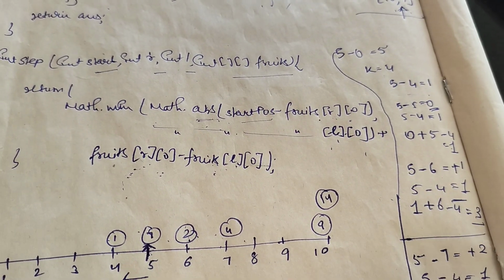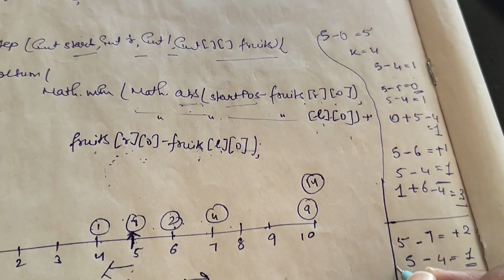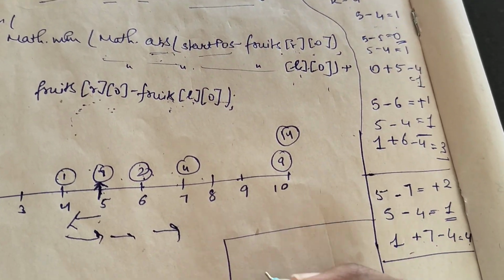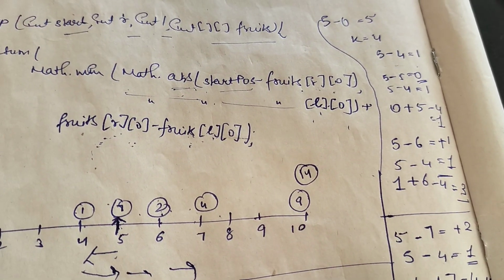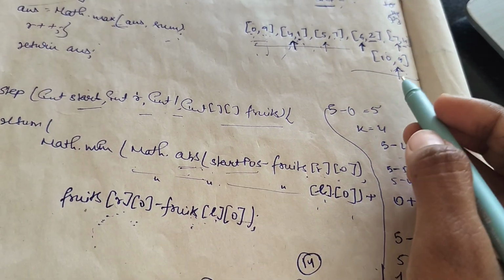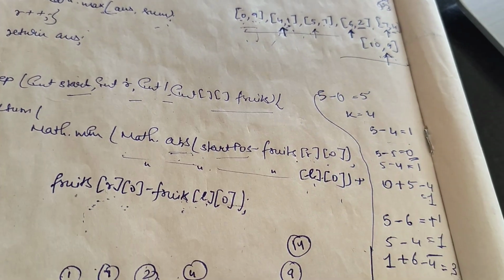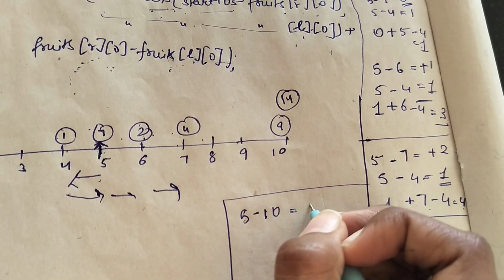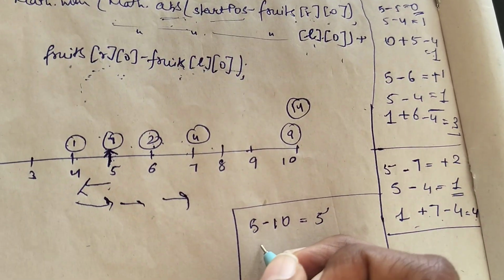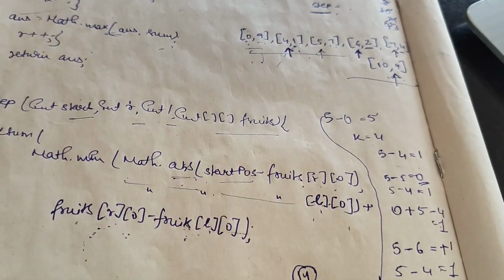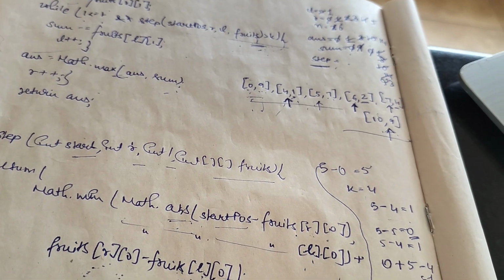Okay. And then if I calculate, start position is 5. Right of 0 is going to be this 10. And since we have to find absolute value, it will be 5. And if I do for left one, it is 4 again.